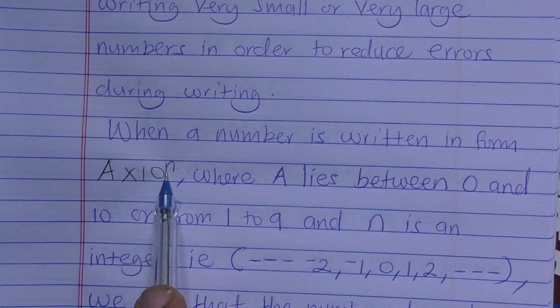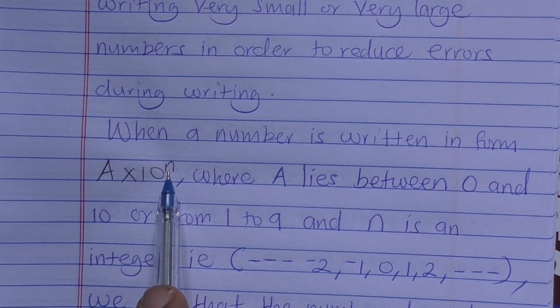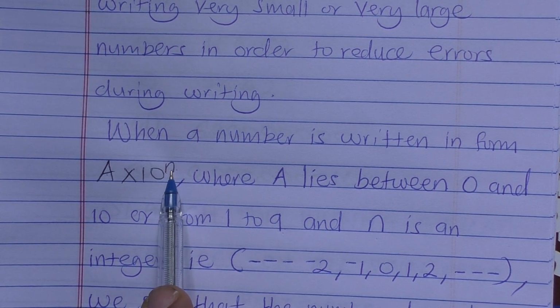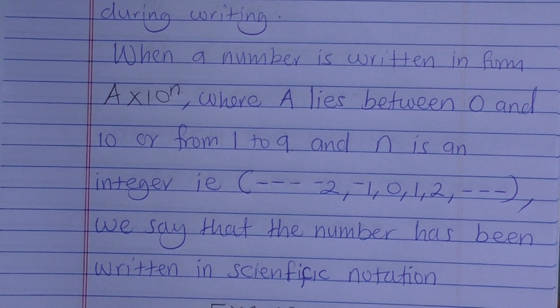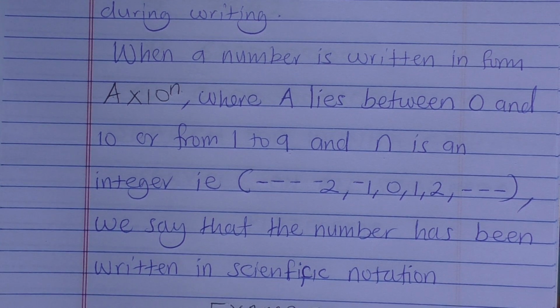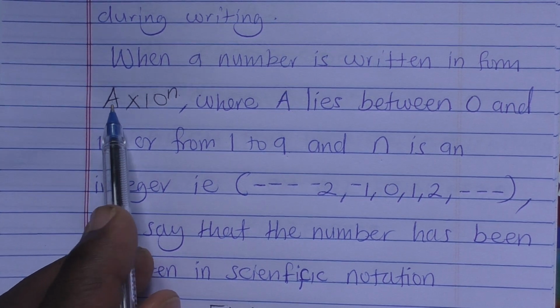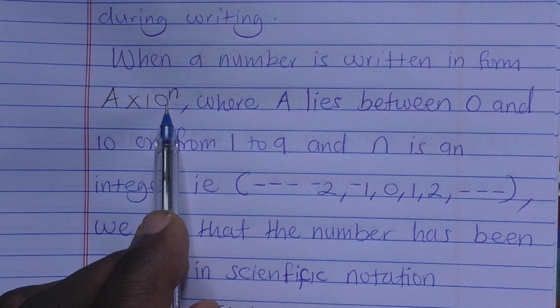The power is an integer. An integer means it can be negative, it can be 0, it can be positive. That's what an integer means. So we shall say that the number has been written in scientific notation.